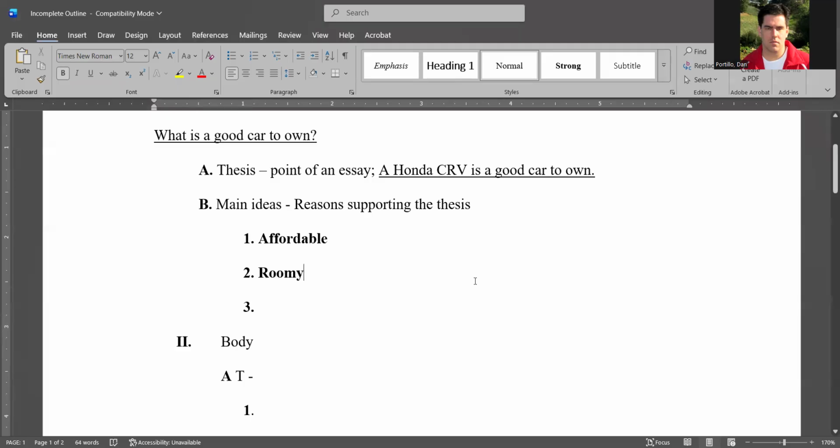He's like me, taller than average, we're twins, so a roomy vehicle helps. And then three, he might say it's reasonably fast. So now we have the thesis that the Honda CRV is a good car to own, and the reasons: affordable, roomy, and reasonably fast. So from there, now our intro is set.